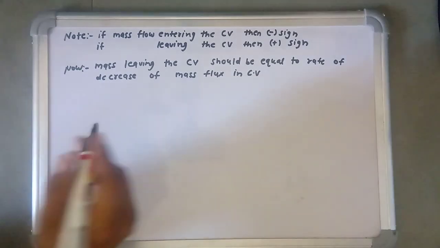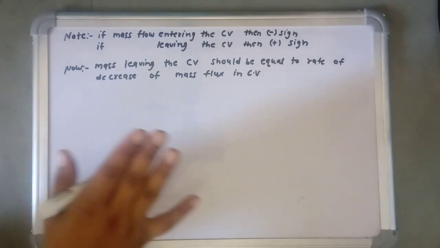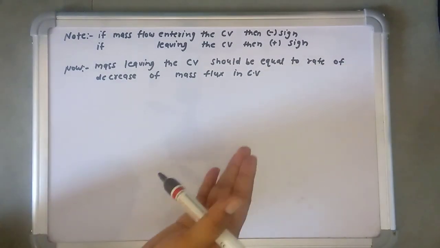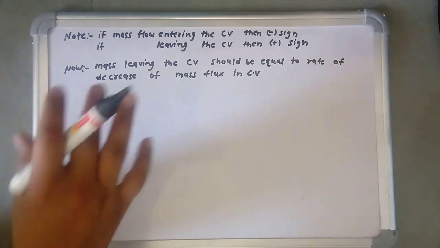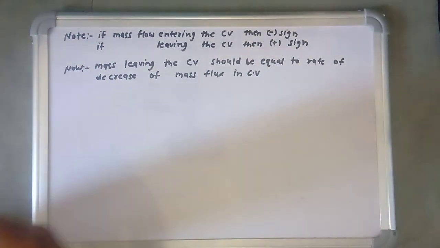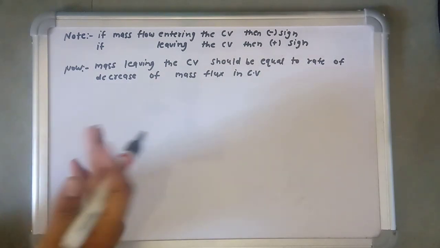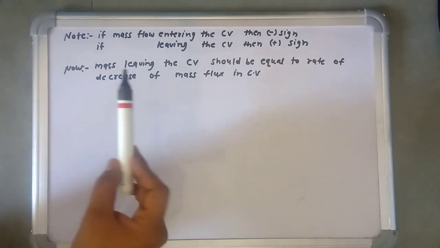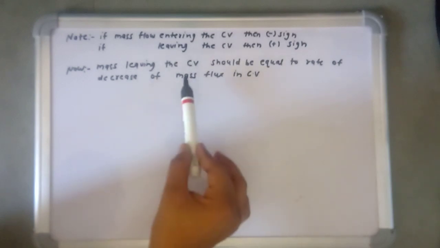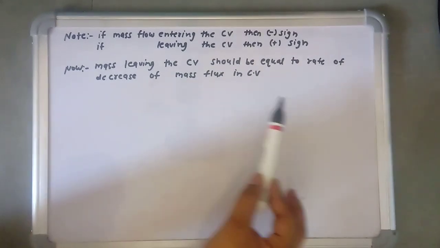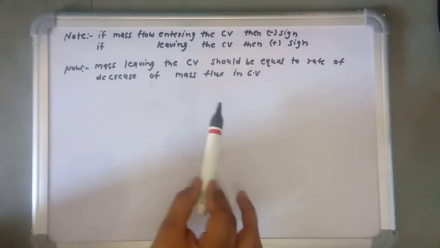We are not giving the equation numbers, but you can write them in your copy and give the number of the particular equation. So we have found the mass leaving the control volume and the rate of decrease of the mass flux in the control volume.